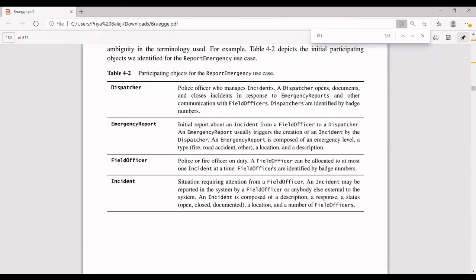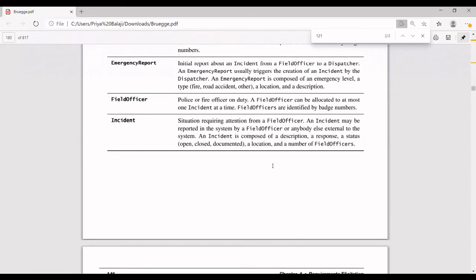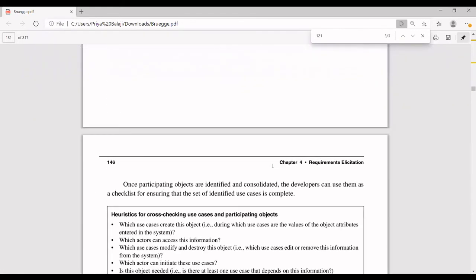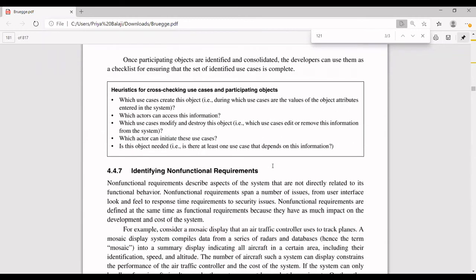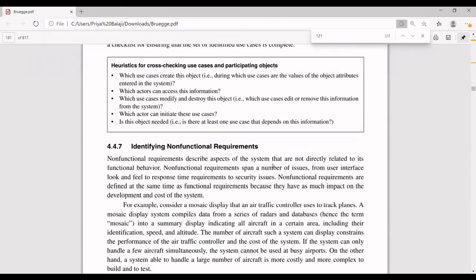So once you have defined the use cases, you have to analyze what objects are going to be involved in these use cases, which is called analyzing objects, the initial analysis of objects. These objects have to be considered until the end. No, in between you may require or change the scenario, and once you change the scenario, you may include another object also. So you can come back to earlier stages.